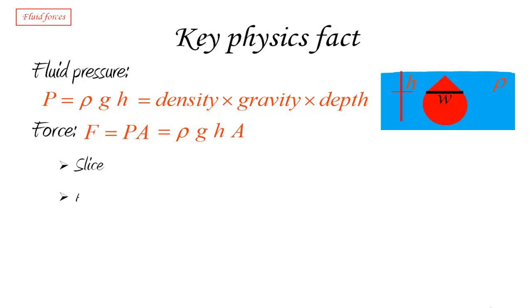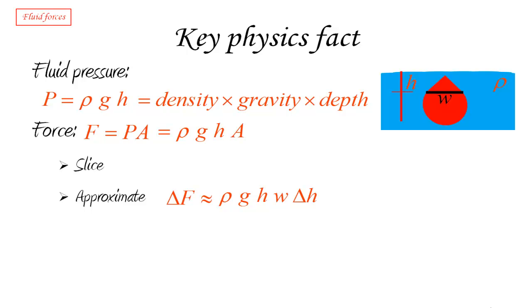So for this particular slice, a good approximation for the force which is exerted by the fluid on that object along that slice only is going to be that the force is approximately equal to rho g h A, which in this case is rho g h w delta h. You want to stop and pause and think for a minute about that.